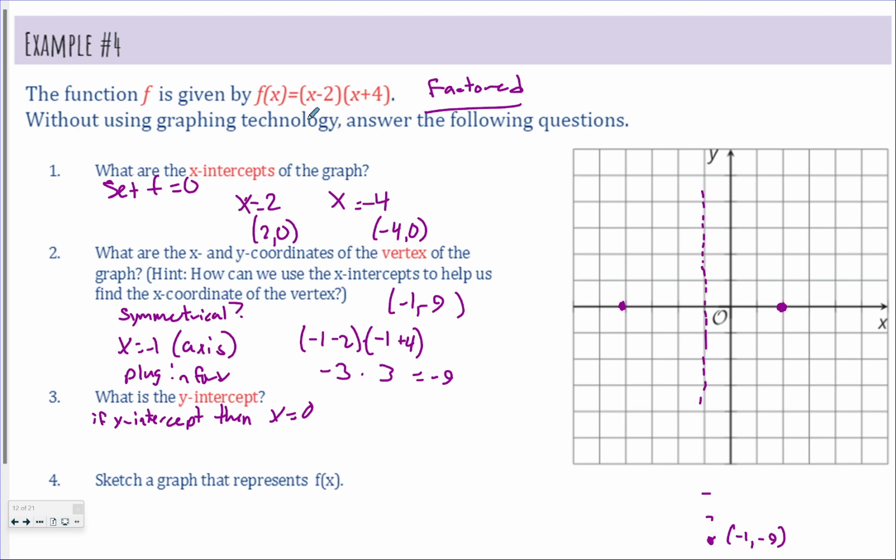So going over here, we're going to plug 0 into this function, and then we're going to get 0 minus 2 times 0 plus 4, or just multiply the two factor numbers together. And you get -2 times 4, -8. There's your y-intercept. Notice it's a different point than the vertex.